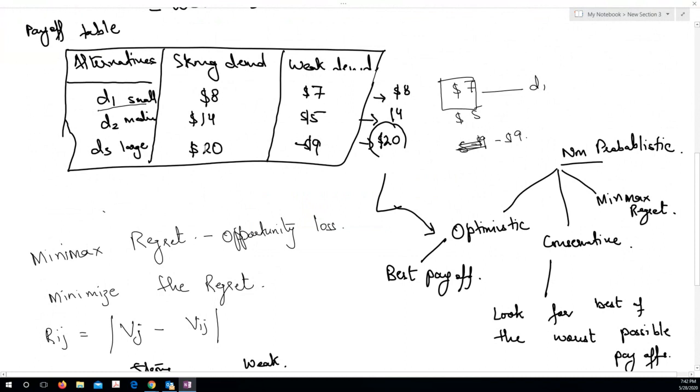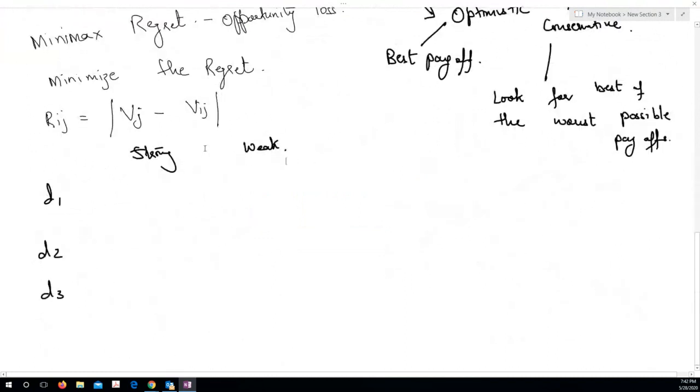The column max is 20. We are taking 8 minus 20, which is equal to 12. So if a strong market happens and we have chosen this alternative, our regret is $12 million.